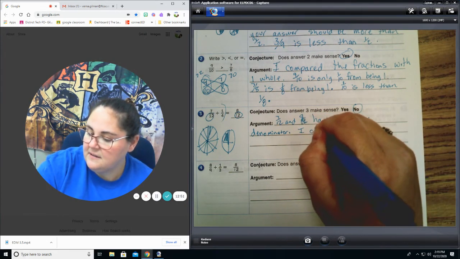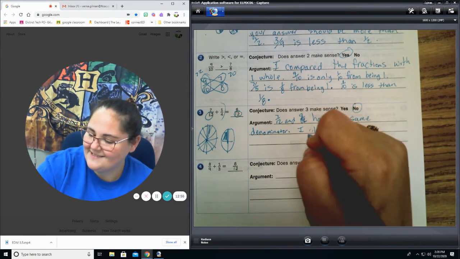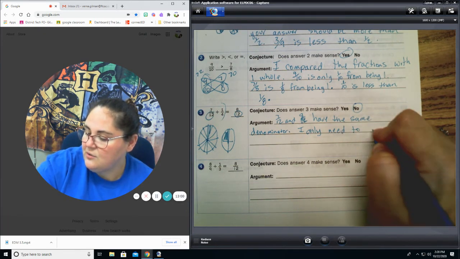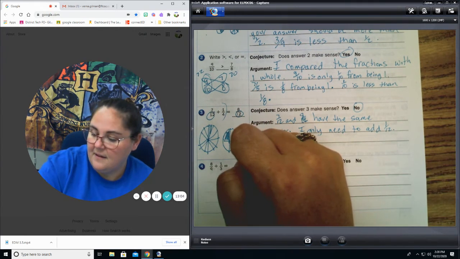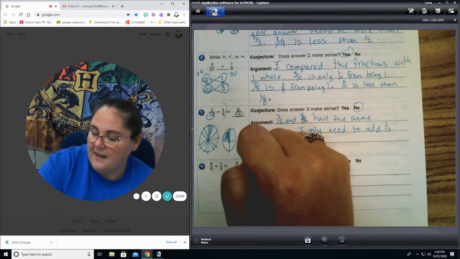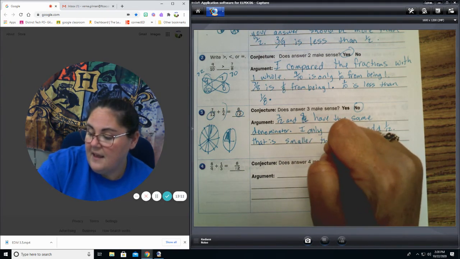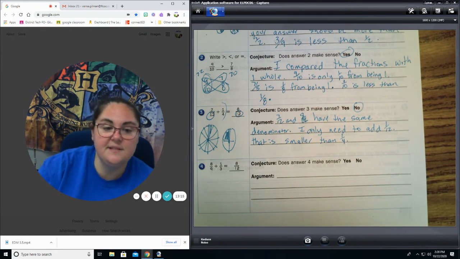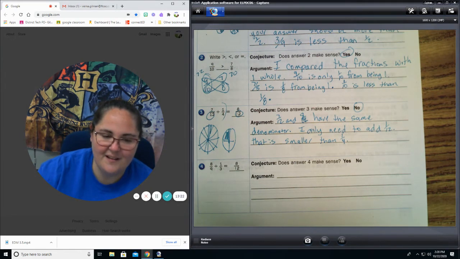I only need to add 1/12. That is smaller than 1/4. 1/12 is smaller than 1/4.